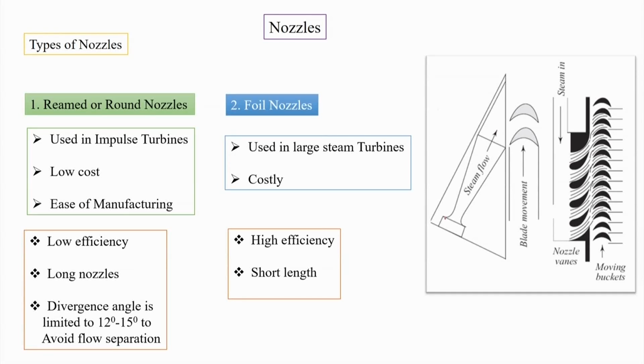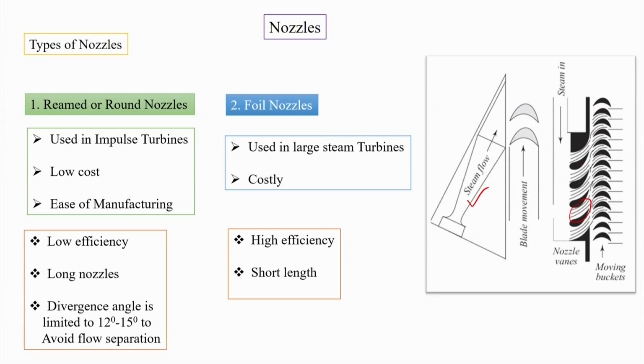So, we can see this is a convergent divergent type, or maybe only convergent or only divergent type nozzle, which is the rimmed or round nozzle, and foil nozzles are basically the passages between two aerofoils. The passage between two aerofoils will act as a nozzle.